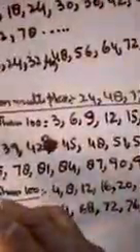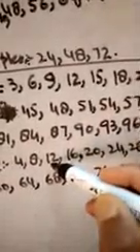If you try to find the common multiples of these which are less than 100, then you will see the first common multiple of 3 and 4 is 12. Here it is 12 and here it is again 12.